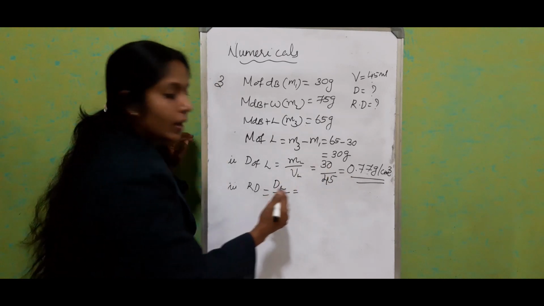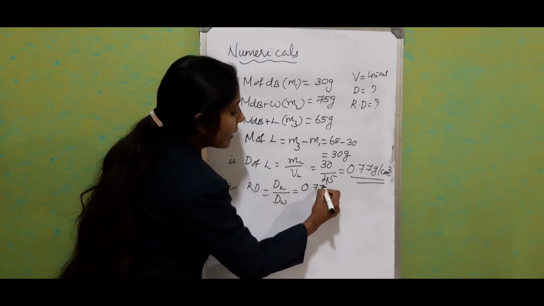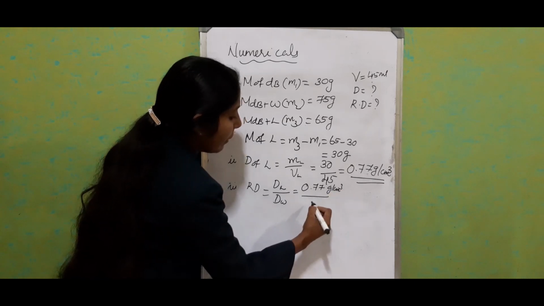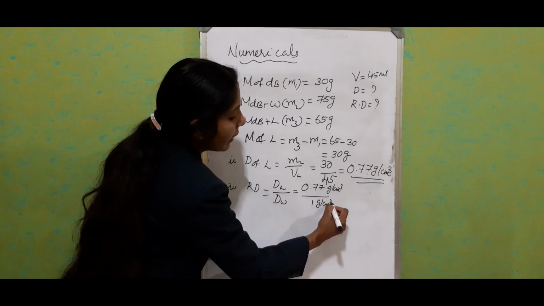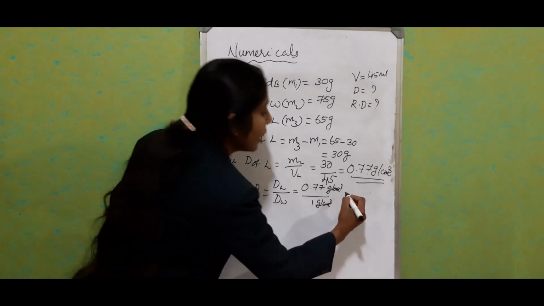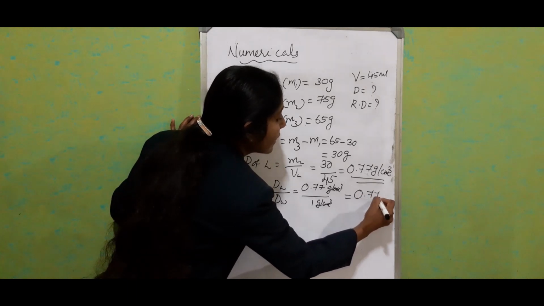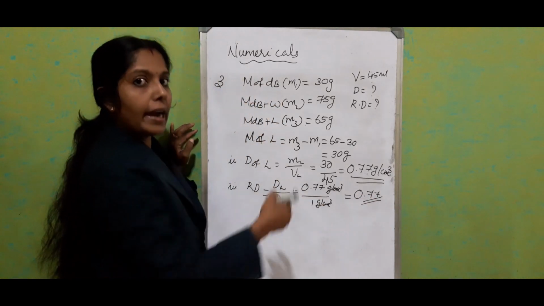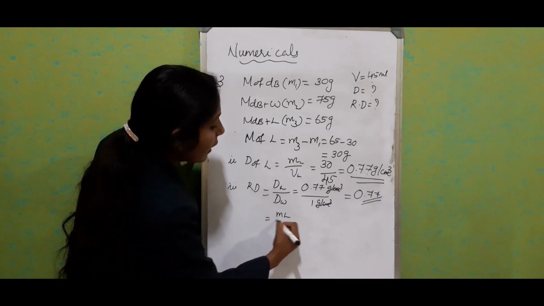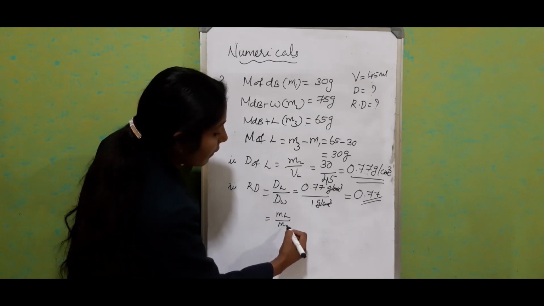Density of liquid is how much? 0.77 gram per centimeter cube divided by 1 gram per centimeter cube. What will we get? 0.77 divided by 1 is equal to 0.77. Or if we find it in terms of mass, that is equal to mass of liquid by mass of water.